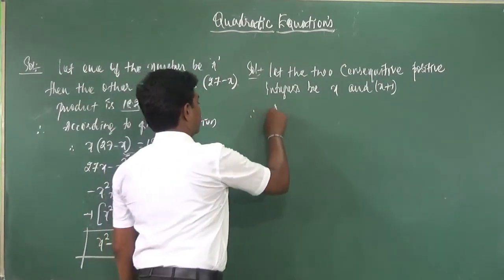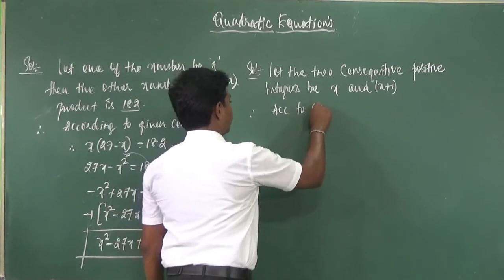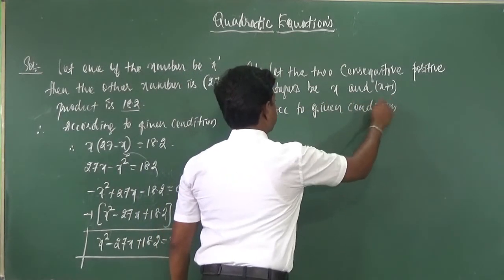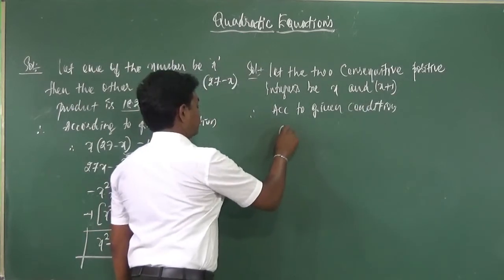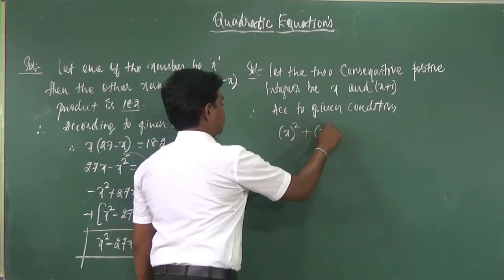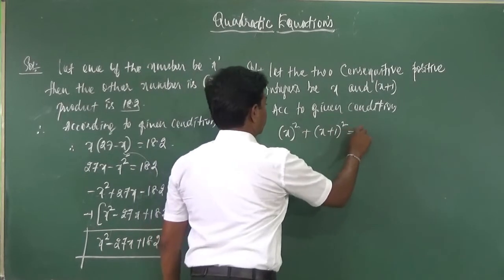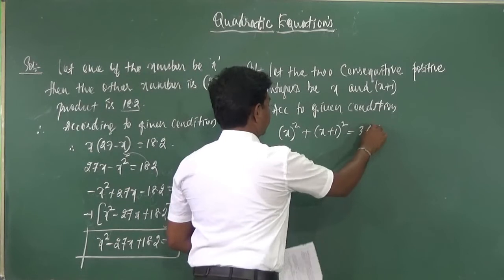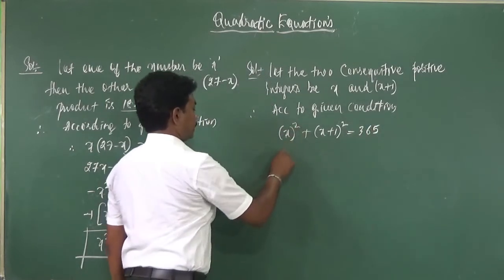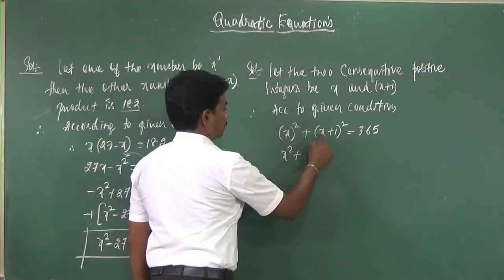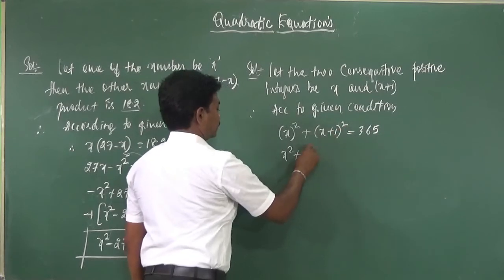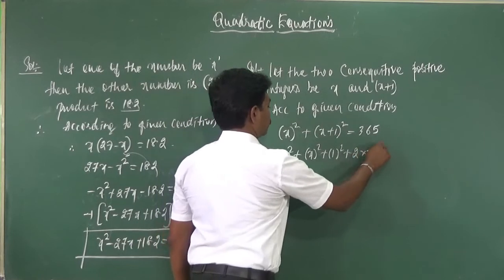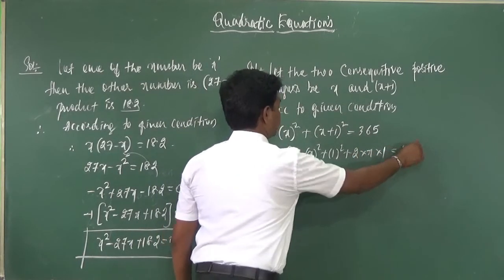So therefore, according to the given condition, first number is x square, second number is x plus 1 whole square, and the sum of the squares is 365. Okay, x plus 1 whole square is in the form of a plus b whole square, that is x square plus 1 square plus 2 into x into 1, is equal to 365.